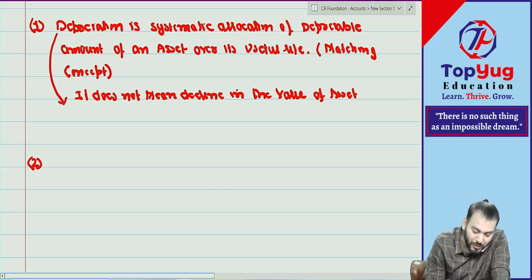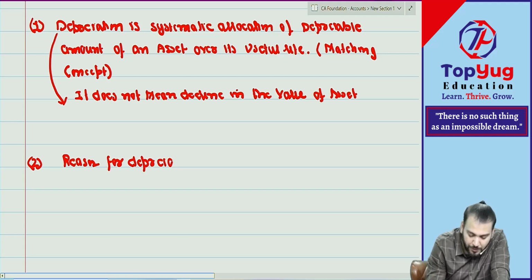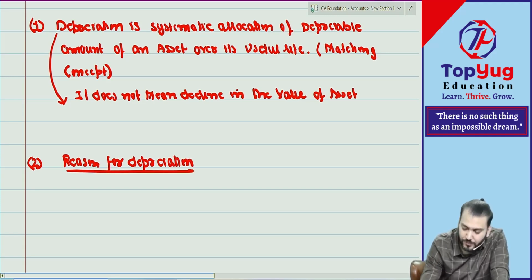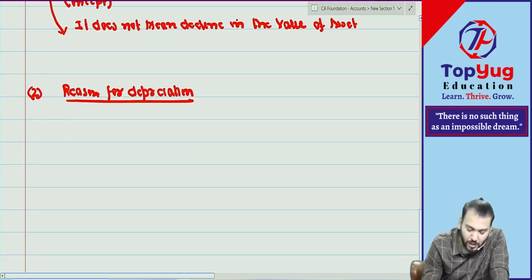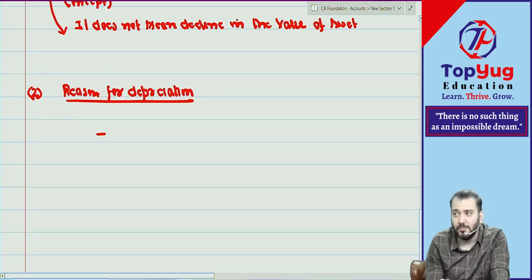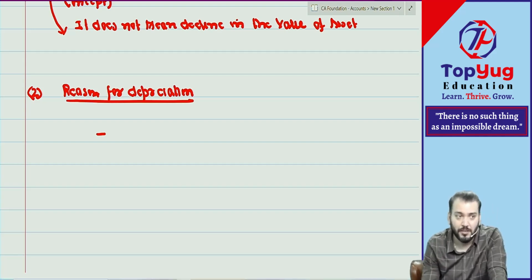Correct? So what is the reason for depreciation? When we use the asset, there will be some loss. That loss needs to be charged to the P&L account.